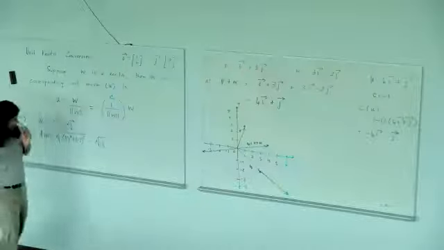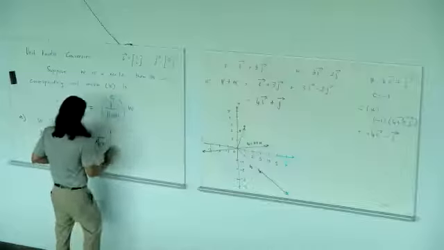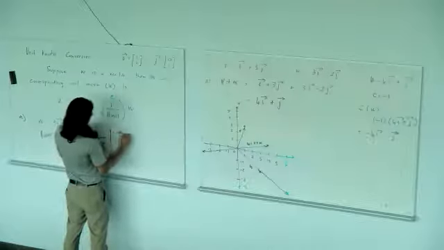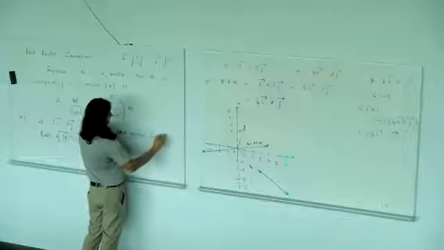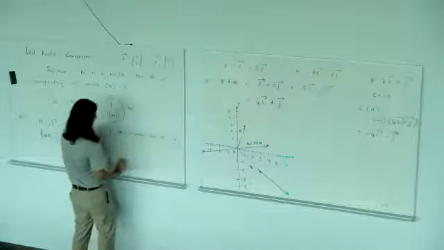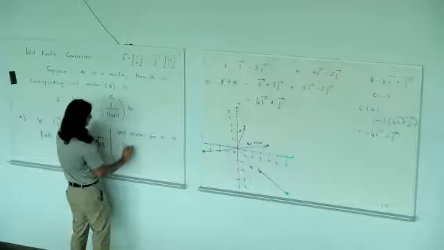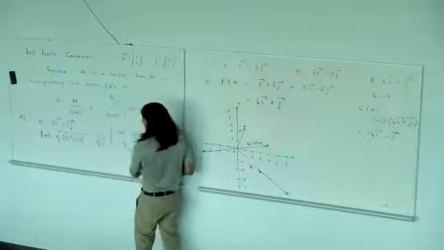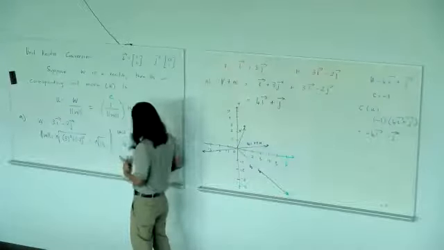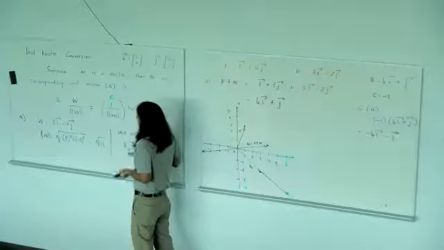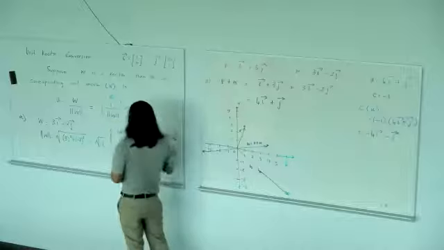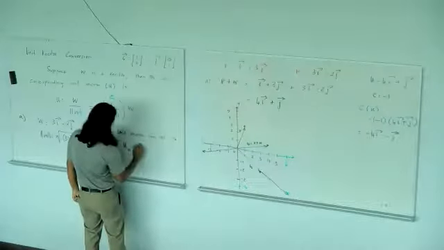So the unit vector, I'll call it U sub W, so that you know I'm referring to the unit vector for W. How do we find it? We take W and divide by its magnitude.